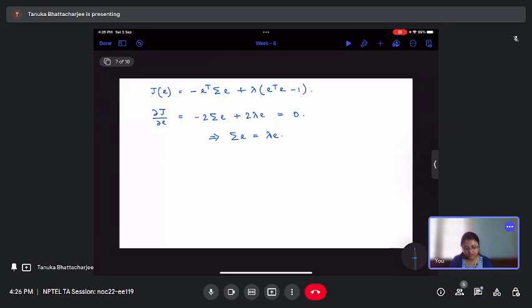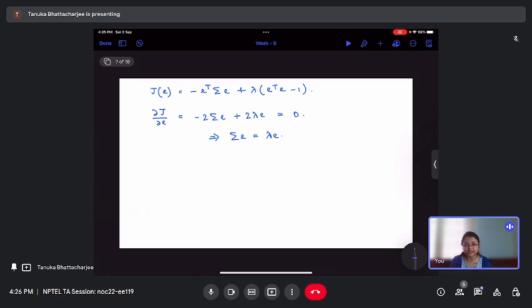Here E is the eigenvector of the covariance matrix sigma and lambda is the corresponding eigenvalue. So you found that if you want to maximize the variance of the projected data, you will have to select such a direction of projection which is an eigenvector of the covariance matrix of the data.